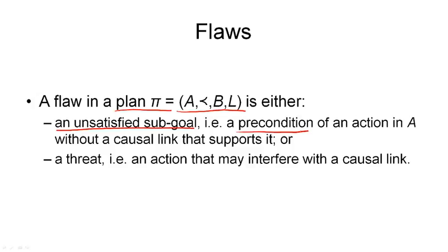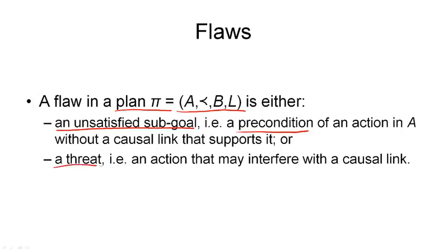So this could be the goal dummy action, which of course has all the goal conditions as preconditions. All of those need to be supported for the plan not to have this type of flaw. And then every action that we have added to the plan also must have all of its preconditions supported by a causal link for the plan not to have this type of flaw.